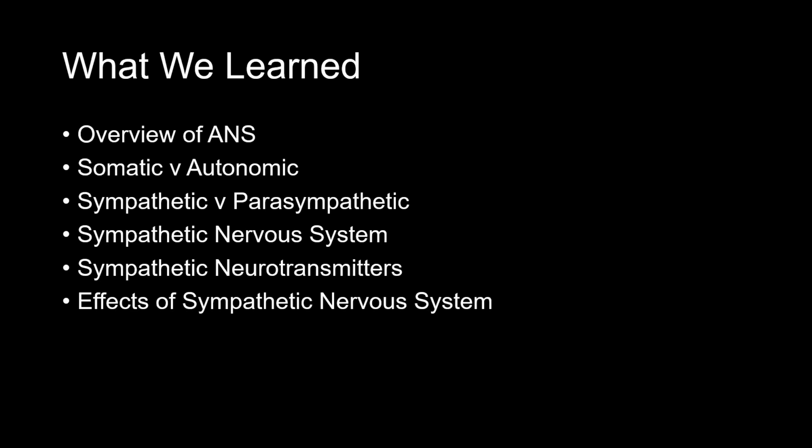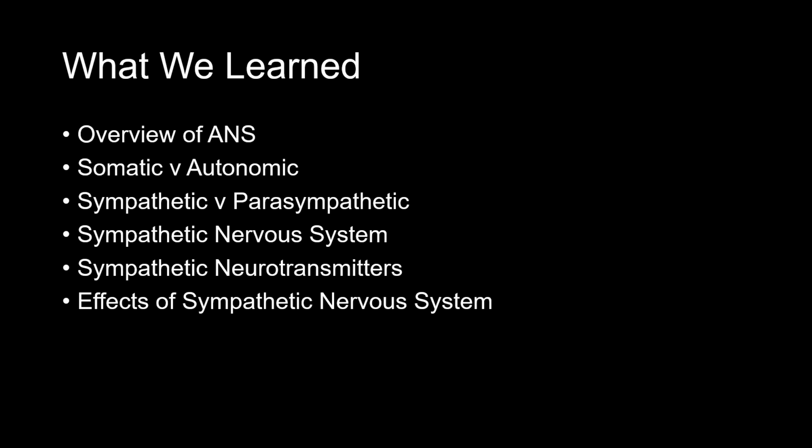So what is it you guys learned out of this chat, out of this particular PowerPoint? Well, we did a brief overview of the autonomic nervous system. You learned the differences between the somatic and the autonomic motor systems. Then you learned the different branches of the autonomic nervous system, the sympathetic versus the parasympathetic systems.